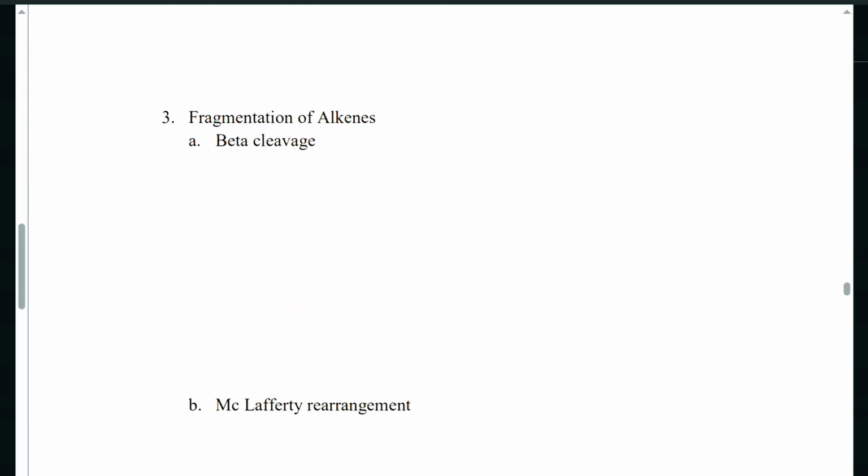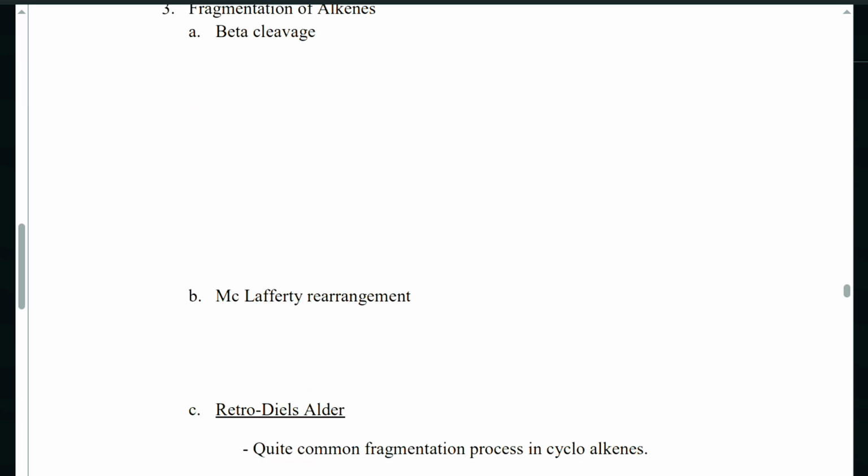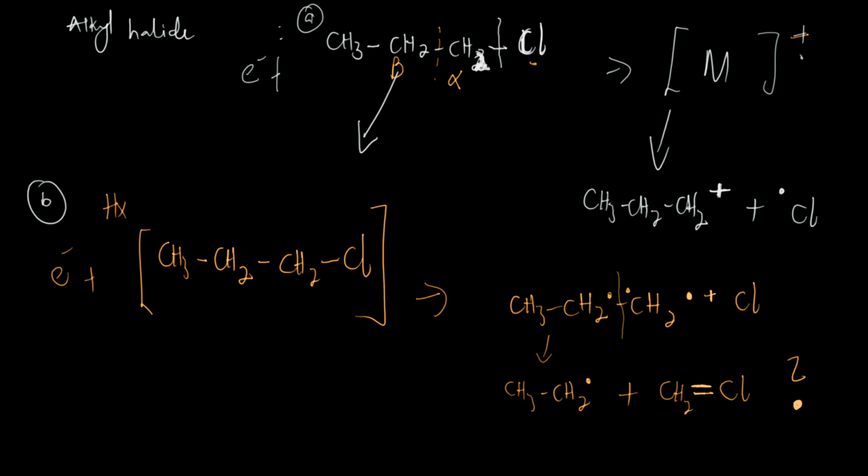So fragmentation of alkanes. Let's say this is an alkane, right?